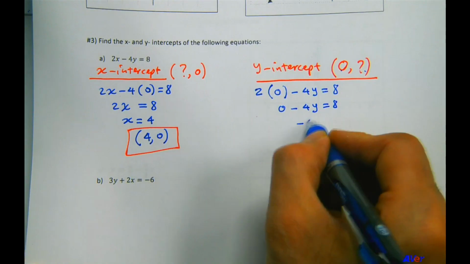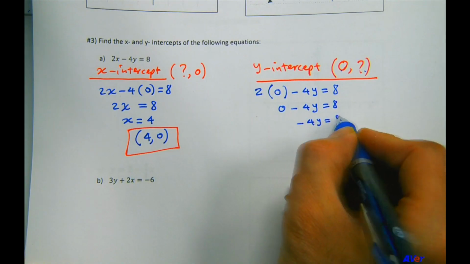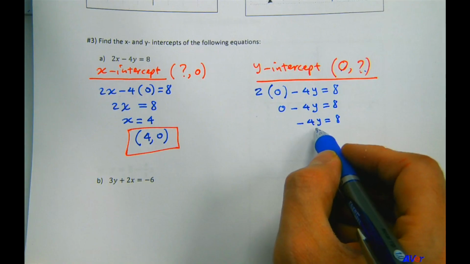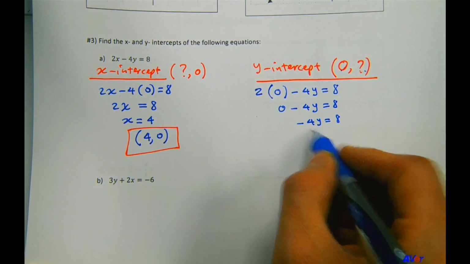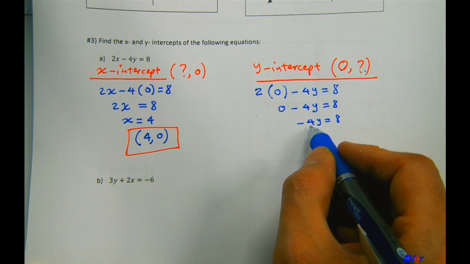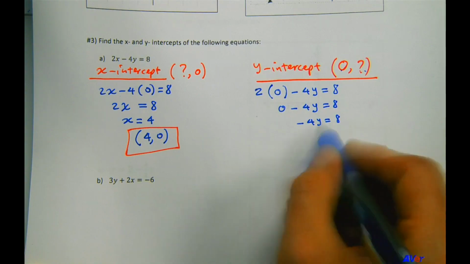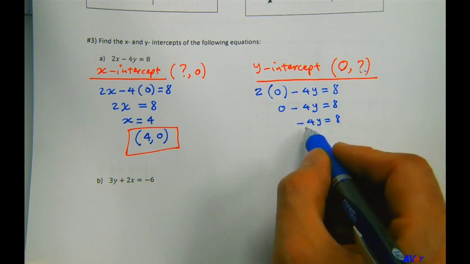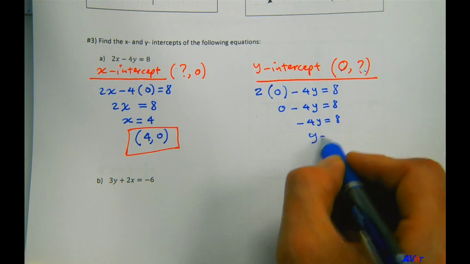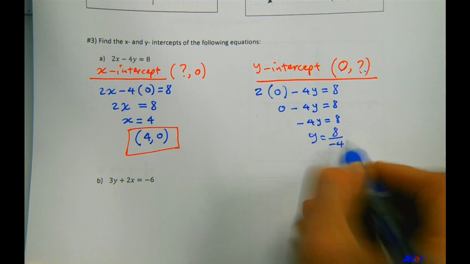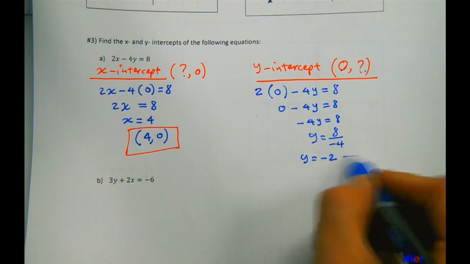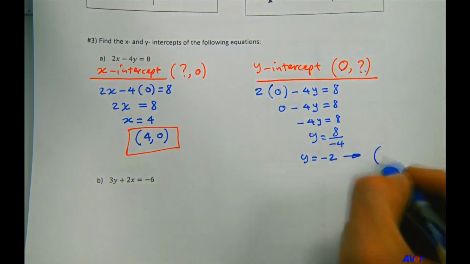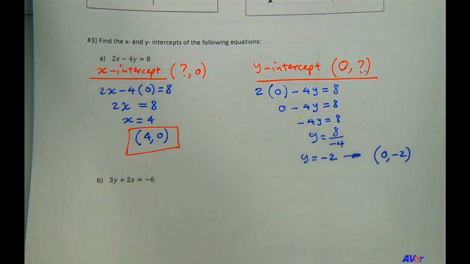We end up with minus 4y equals 8. And we're solving for y, so we need to isolate y. Is y isolated? No. It's got a negative 4 right next to it. We need to get rid of it. How do we get rid of it? We divide both sides by negative 4. So we have 8 over negative 4, or y equals negative 2, which means the y-intercept is (0, -2).